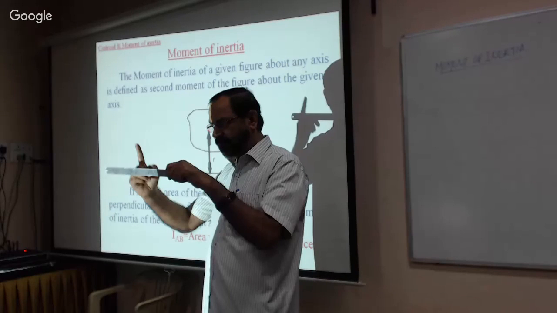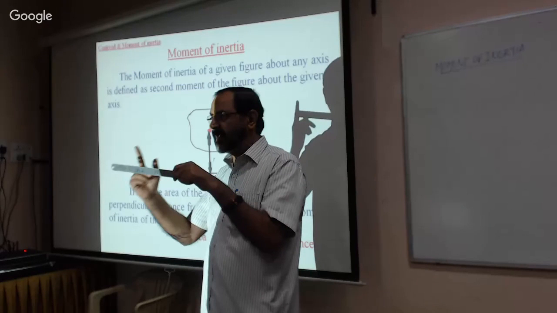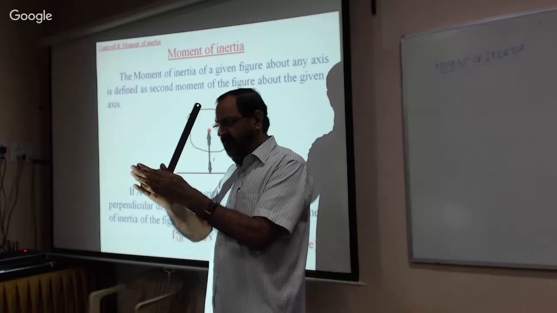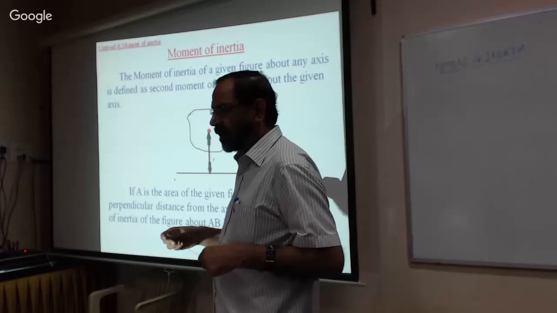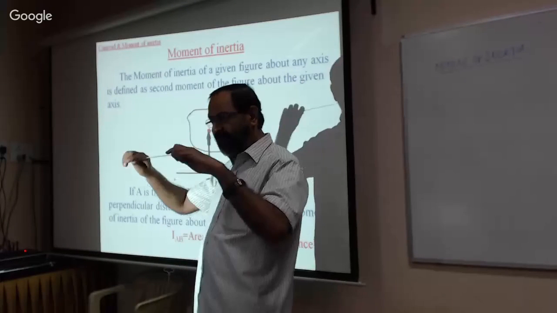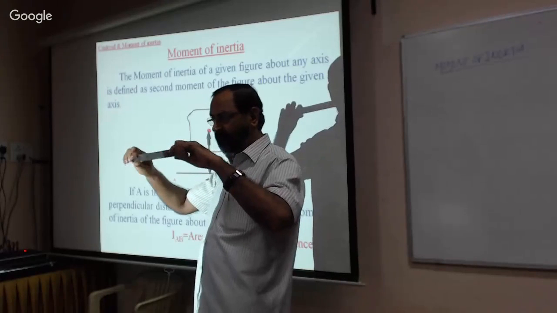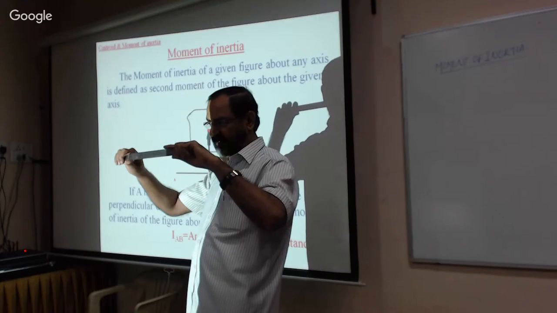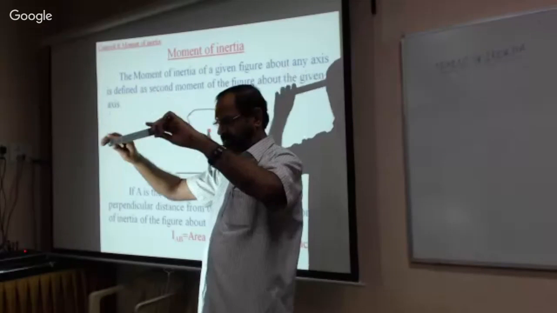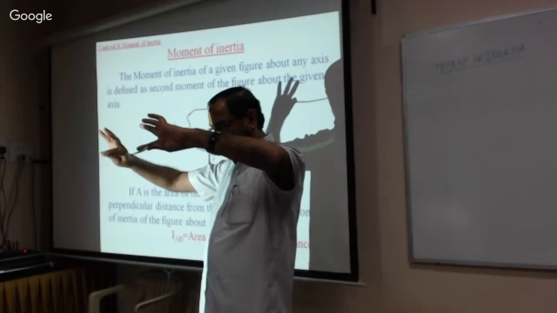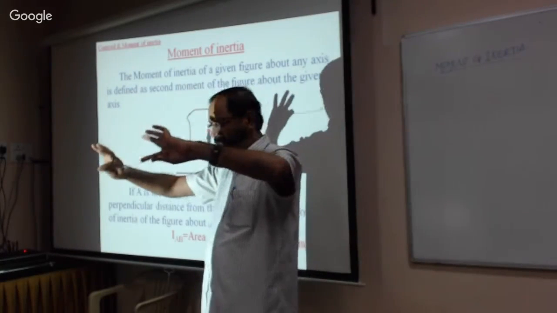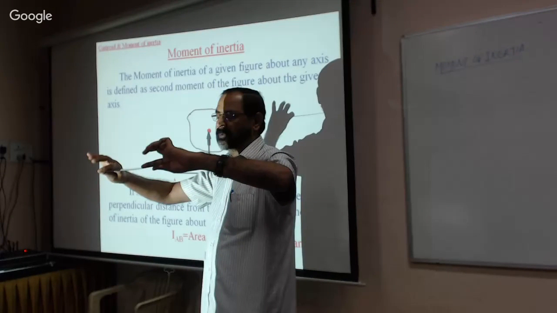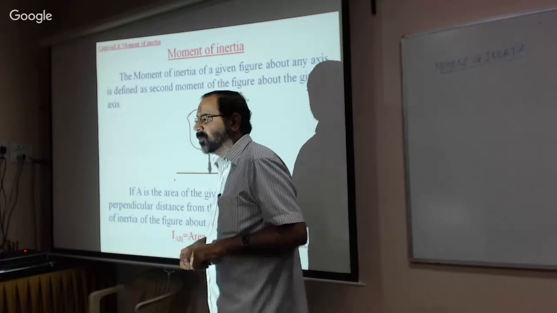There are many sections, and all these sections are arranged, fashioned in a particular manner. Therefore, these sections resist the force according to their positioning. If you keep the beam like this, it resists more force. If you keep the beam like this, it resists less quantity of force. Isn't it? Now, therefore, we need to understand.